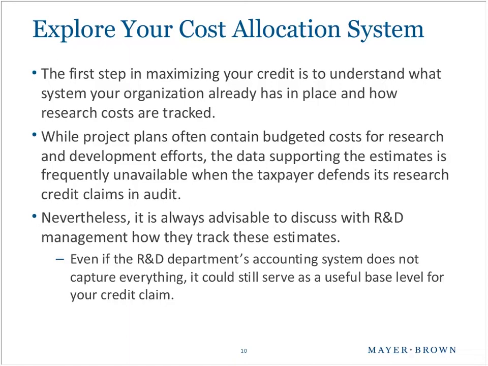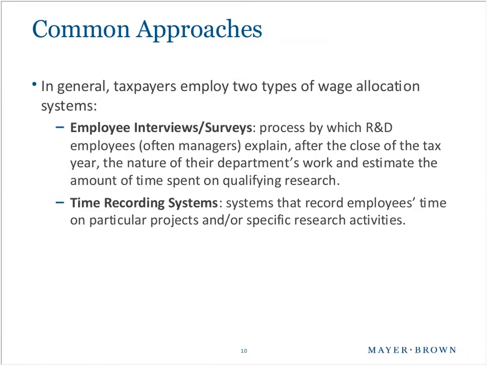Nonetheless, I think it's advisable to discuss with your R&D management the extent to which they do attempt to track these costs, because even if they're not fully robust to enable you to get all the credit you're entitled to, they can be a valuable backstop to the other methods today that we're talking about.